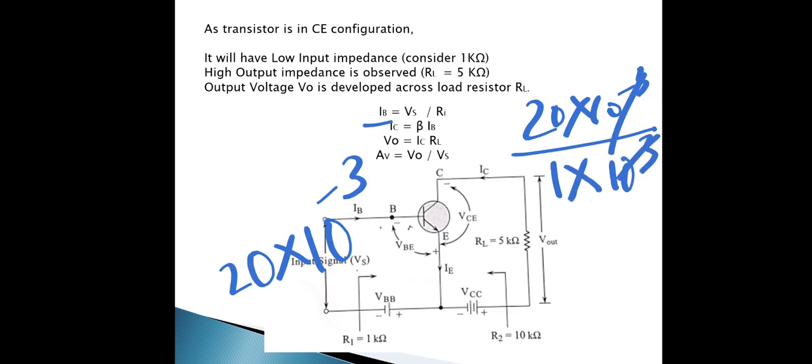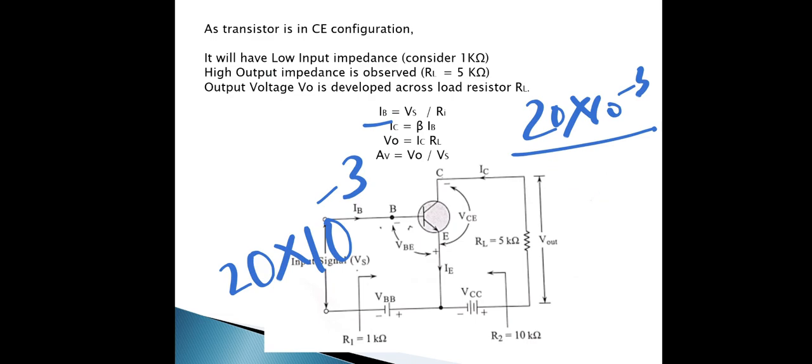This gives a value of 20 micro amperes. So 20 into 10 power minus 6 is the value of base current IB.